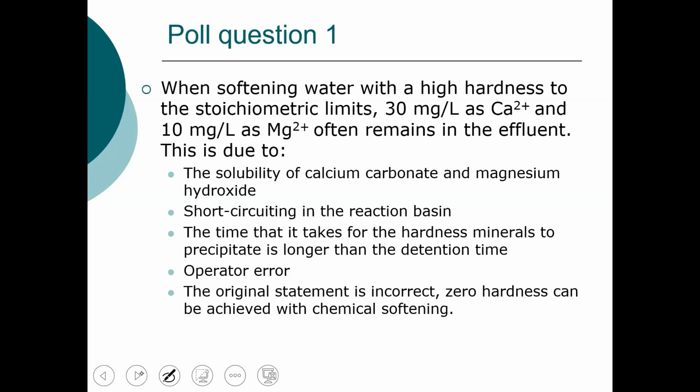There may or may not be sufficient time in the reaction basin for those reactions to be complete, and therefore some calcium and magnesium remains. There may be operator error, but that's not the reason for the 30 milligrams per liter of calcium and 10 milligrams per liter of magnesium, and the original statement is correct.